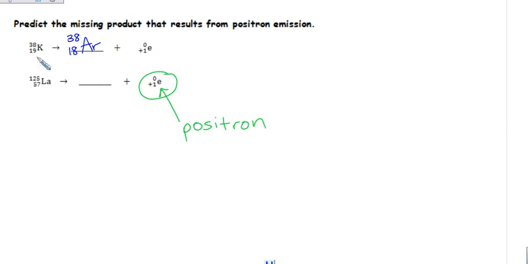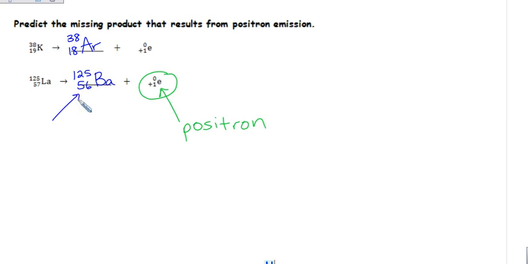Not bad. Let's check out this other one, some lanthanum number 57. The mass will stay the same, 125, but the atomic number should go down by 1 to 56. I look on the periodic table, 56 is barium.